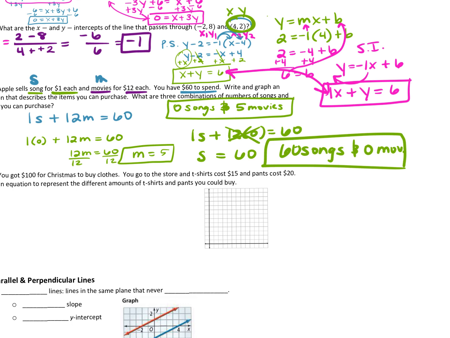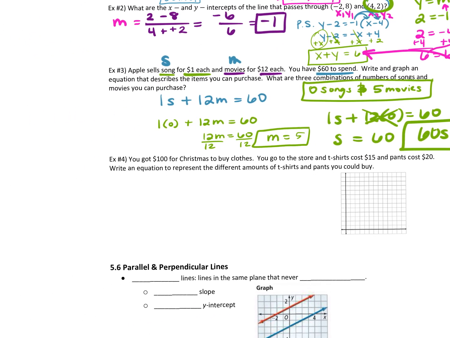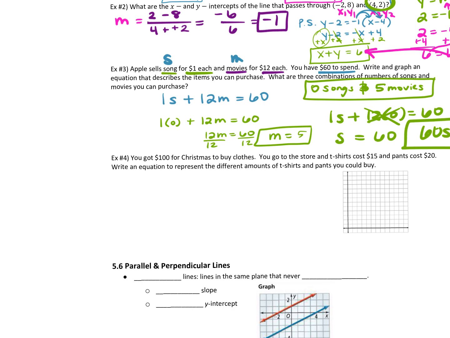Now, the reason graphing it can be nice is when you graph it, then maybe you see another place that it perfectly hits the crossbars, so you could see how many songs and movies the combination would work for. But you can also do kind of a guess and check with that. So let's say we wanted to do 2 movies, right? Then it would be 1 times the number of songs plus 12 times 2 movies equals 60. If you solve that equation, this is 24, right?